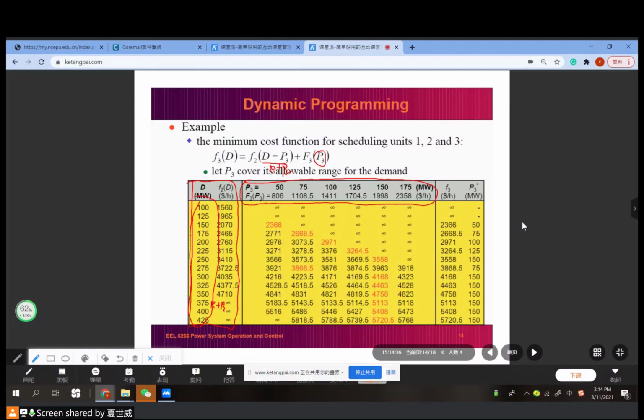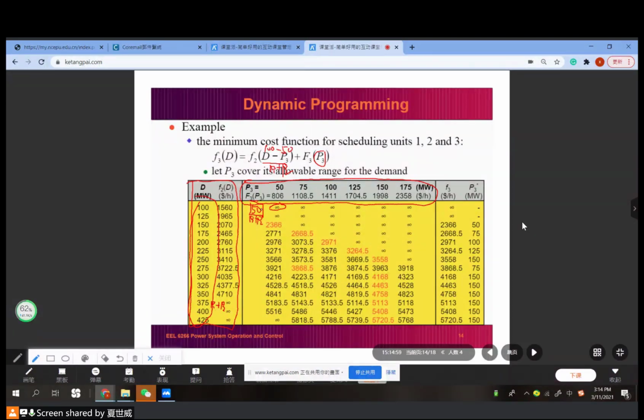Similarly, for this element, P3 equals 50 and the total load is 100. So how much is left for P1 plus P2? It's only 50, because D is 100 minus P3, which is 50.